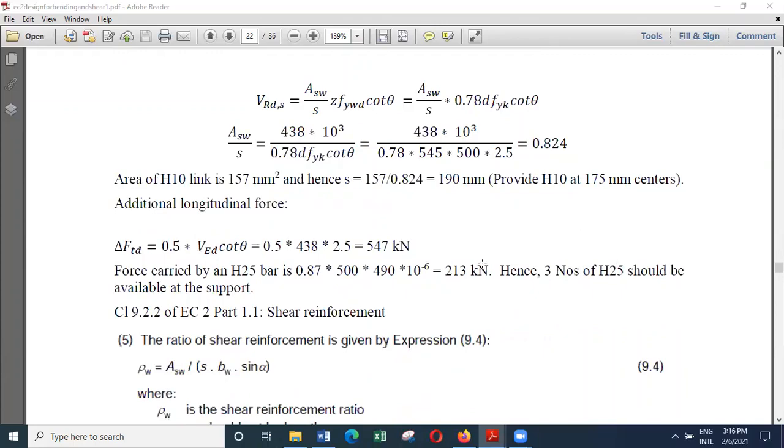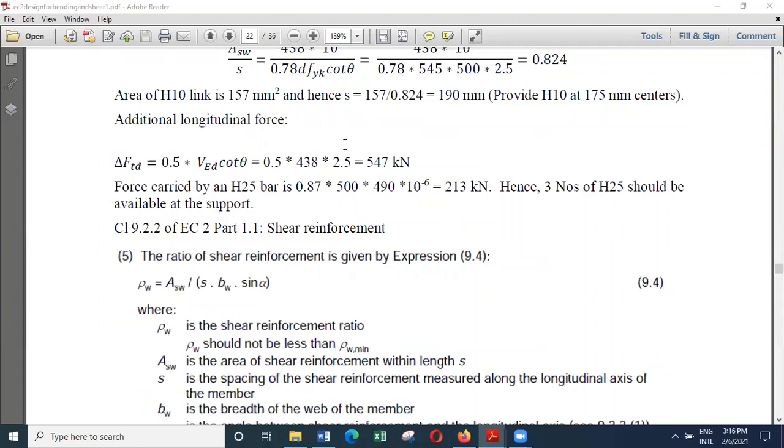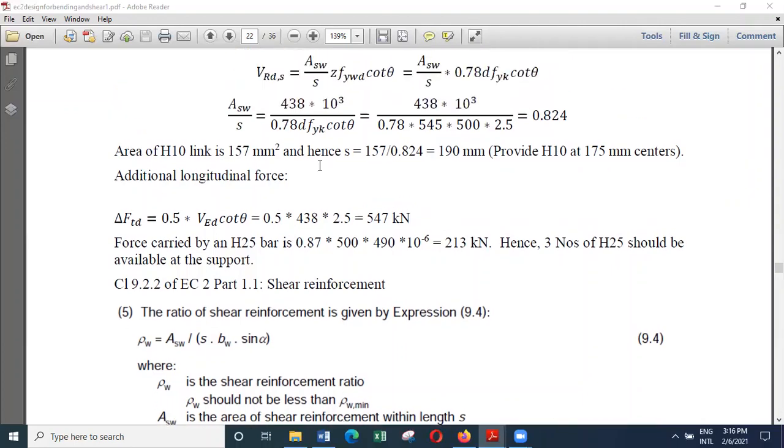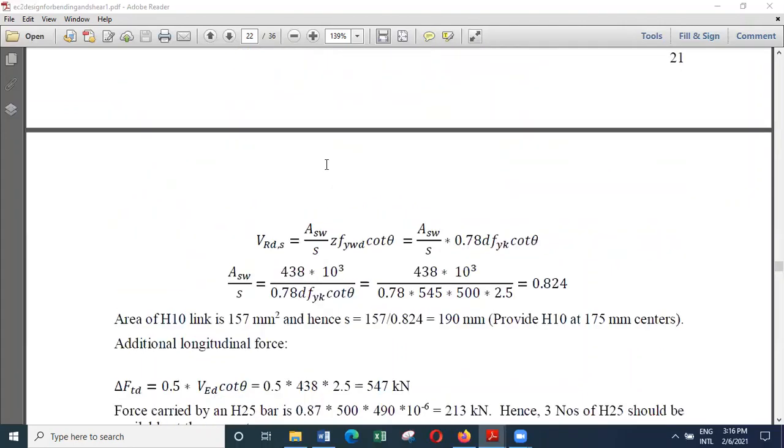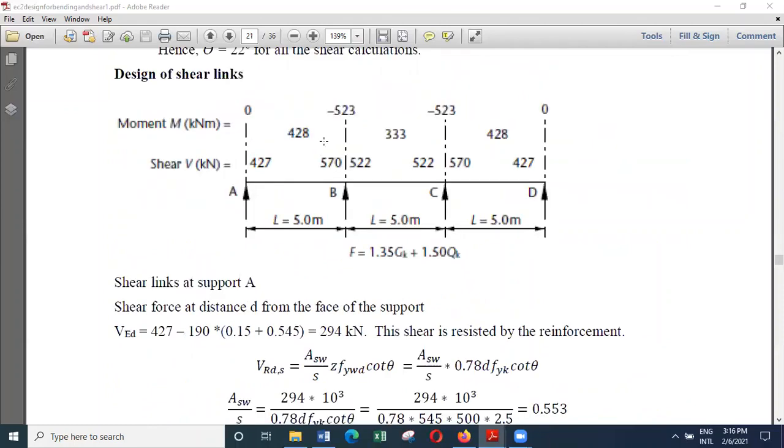And then we also can see what is the minimum link requirement. When we provide the minimum link requirement, what is the shear force that can be carried? That means in that area, we can just provide whatever the minimum requirement that we selected.